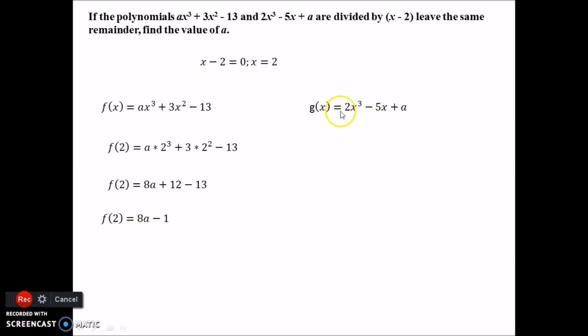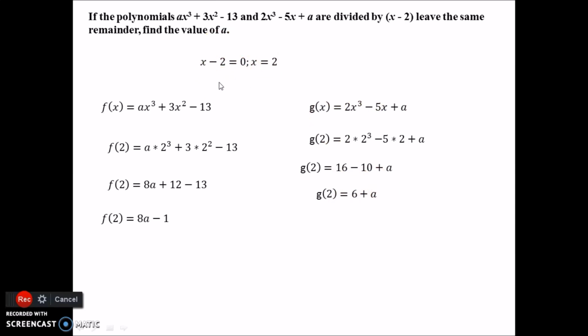And coming to this g of x, I am substituting 2 in place of x here. So g of 2 is equal to 2 into 2 to the power of 3 minus 5 into 2 plus a, which is 2 to the power of 3 is 8, 8 into 2 is 16, minus 5 into 2 is 10 plus a, which gives me a remainder as 6 plus a when this g of x is divided with x minus 2.